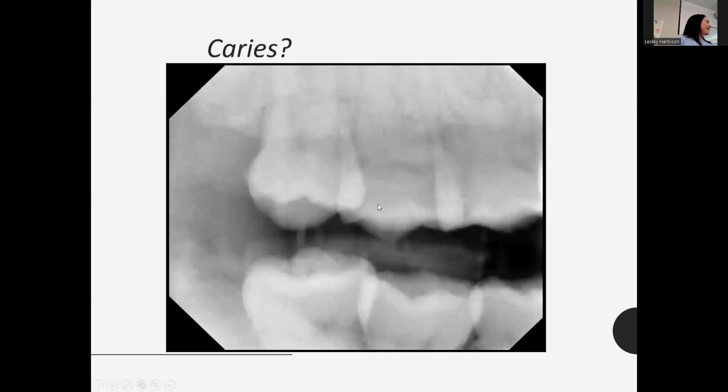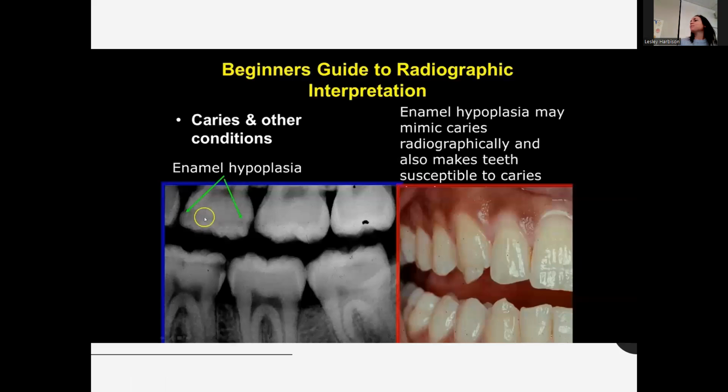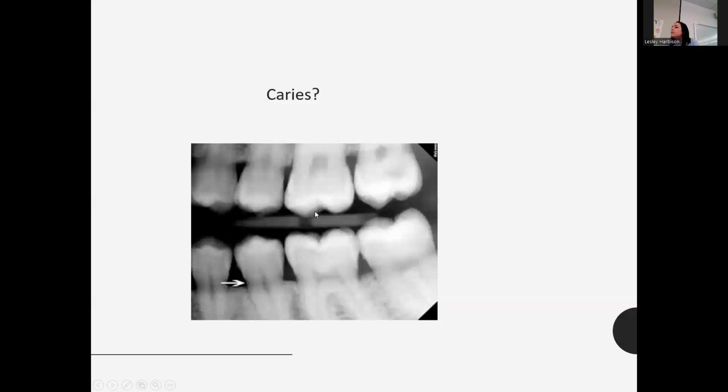And then what about this one? Yeah, it's so horrible. You can't tell, right? Like that's the right answer. This is such a bad picture. You can't diagnose anything. Okay, so what else do we have? Beginner's Guide to Radiographic Interpretation. Oh, this is just some more enamel hypoplasia. You can see what it looks like clinically, and this is what it can look like radiographically.